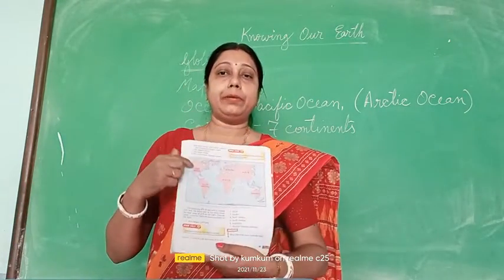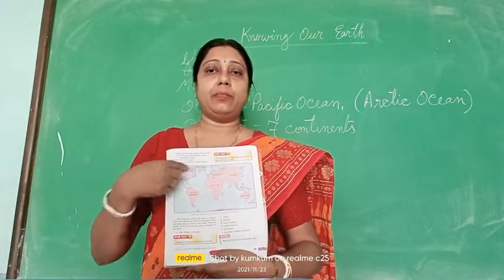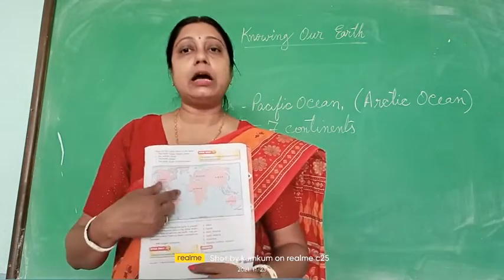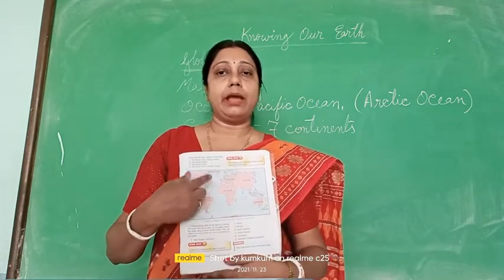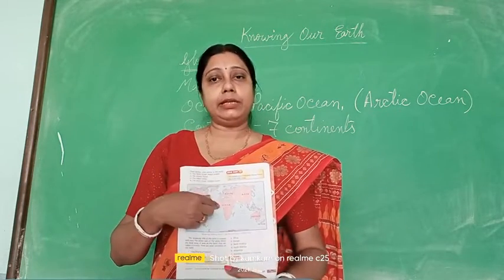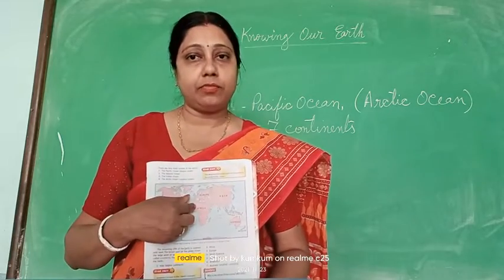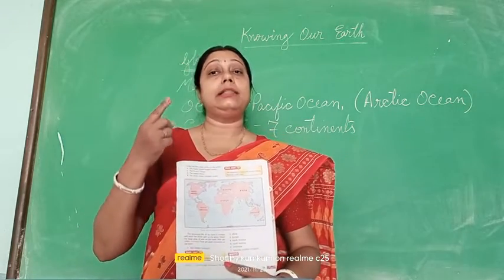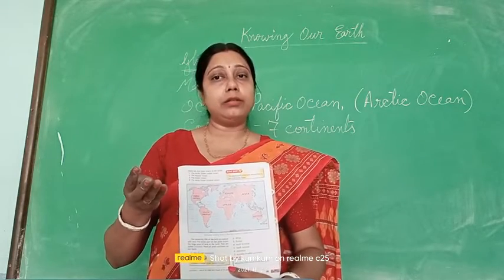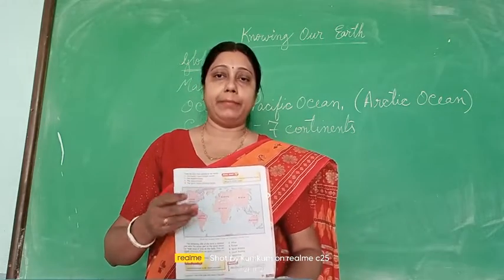But a map is a drawing on a flat piece of paper. Actually our Earth is round in shape, so some accuracy may not be there. To study the map, we need to study some languages of the maps like scale, directions, colors, and symbols.